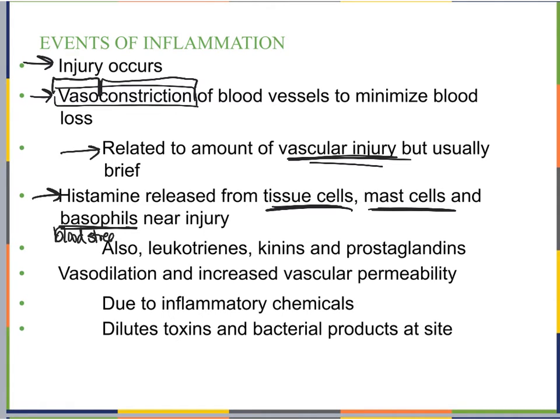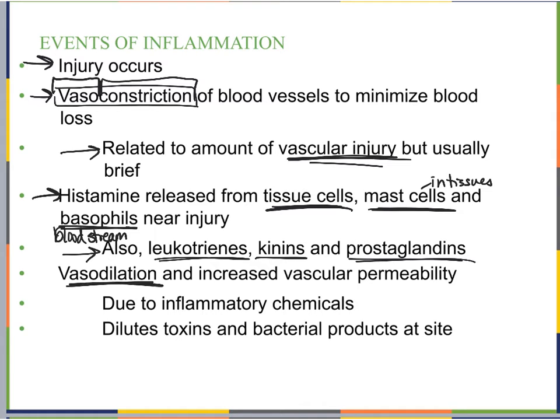So when we have injury to a blood vessel, so a capillary, then we're going to have basophils perhaps come by and be near the injury, and they'll start to release histamine. And then the mast cells are in the tissues, and these mast cells are going to be releasing histamine as well, and then the injured cells. Also, we can release leukotrienes, kinins like bradykinin, and then prostaglandins as well. So all of these different chemicals are going to initiate inflammation.